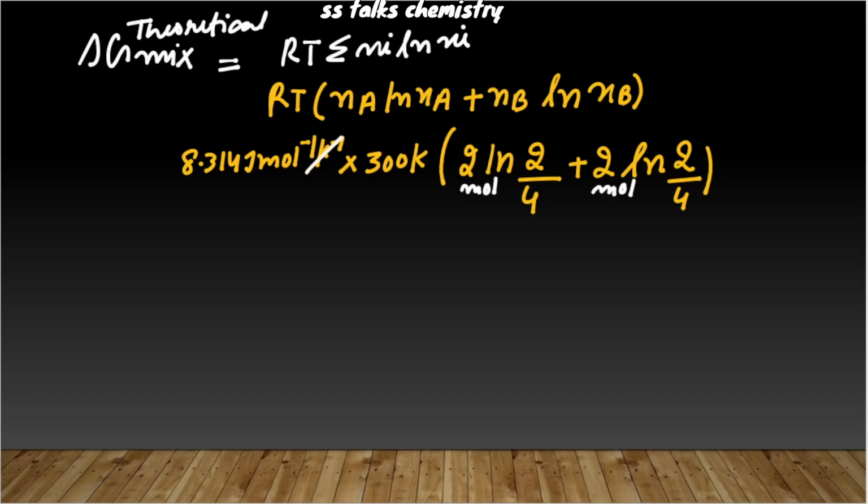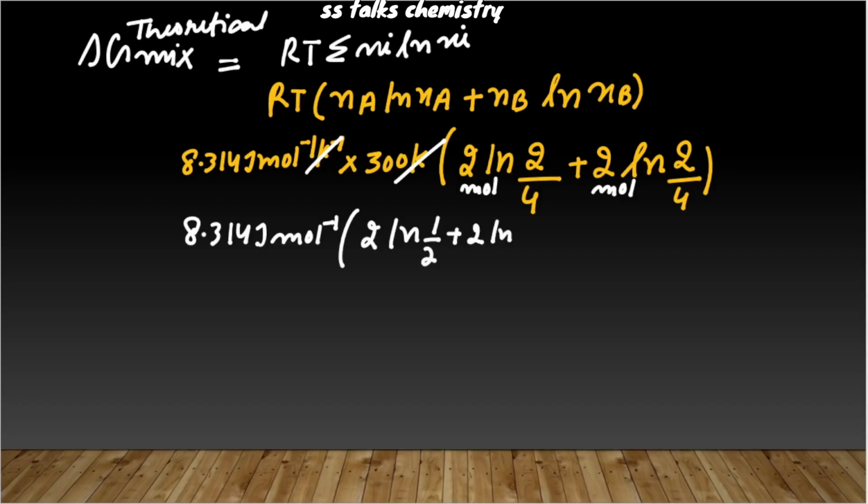So here you see per Kelvin and this per Kelvin term is getting cancelled out. Here we are getting 8.314 joule per mole into 2 ln of 1 by 2 plus 2 ln of 1 by 2. Overall, the units of this bracket are in moles only. So this per mole unit and the mole unit will also get cancelled over here. Right.